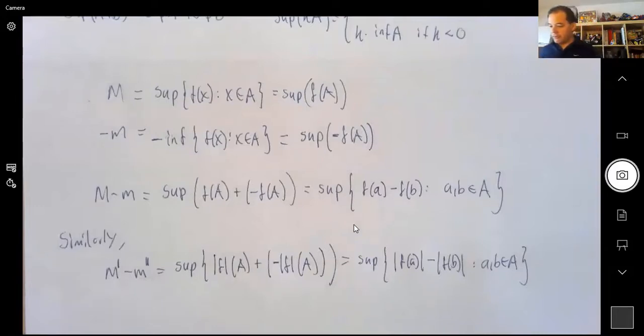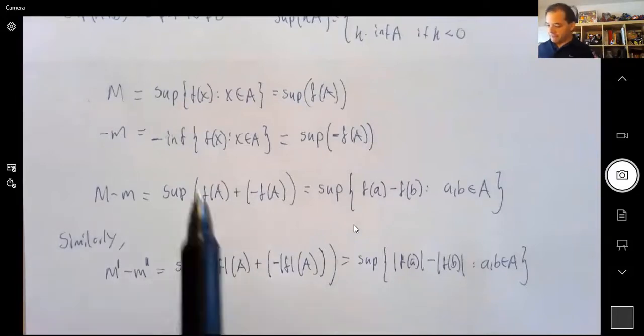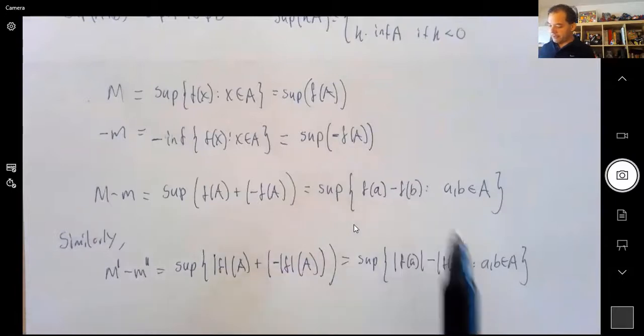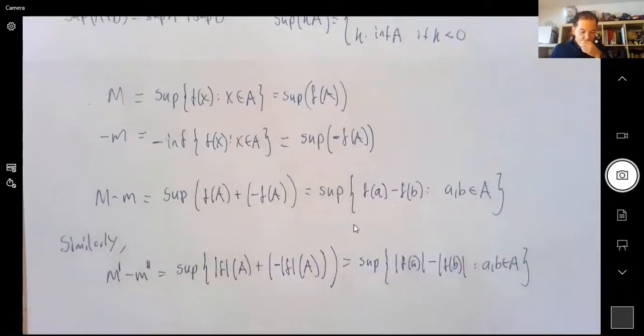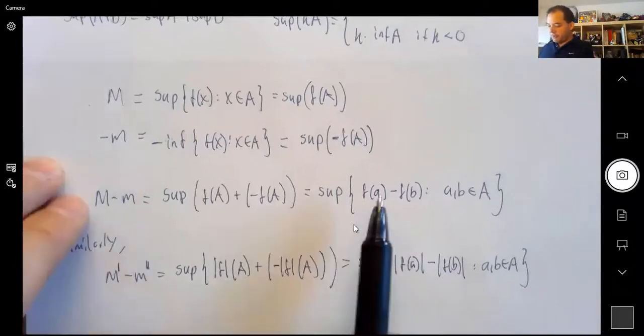And what we were asked to show is that this number is bigger than that one, and it's going to turn out to be the triangle inequality.